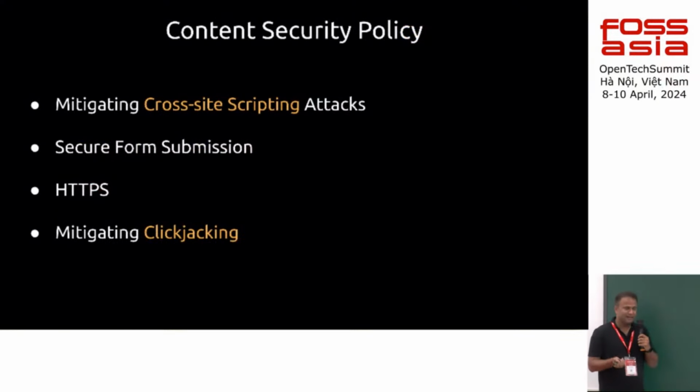It's an advanced mechanism to prevent cross-site scripting attacks and other things. It can be used to securely submit forms, to migrate your website from HTTP to HTTPS, and it also helps with mitigating attacks like clickjacking.